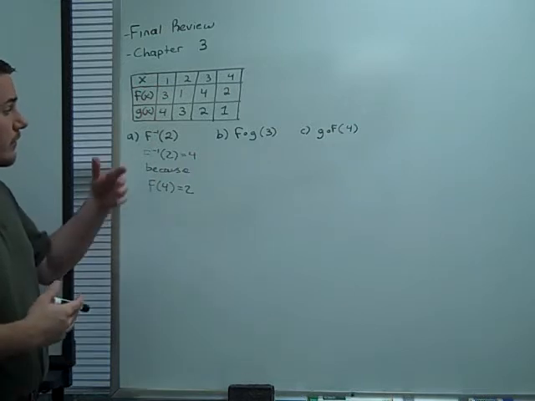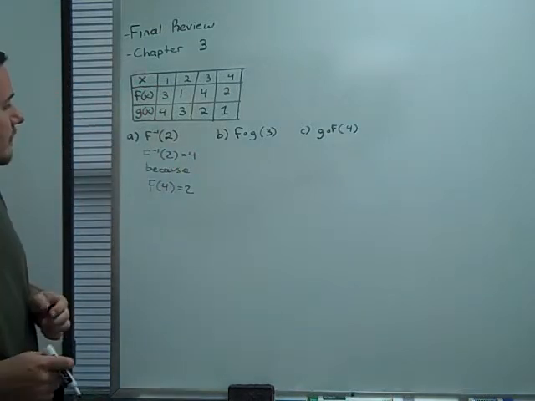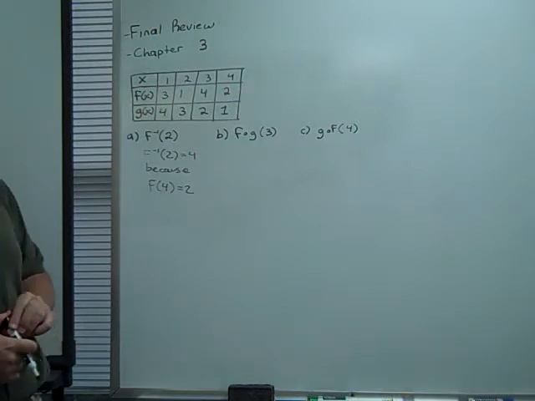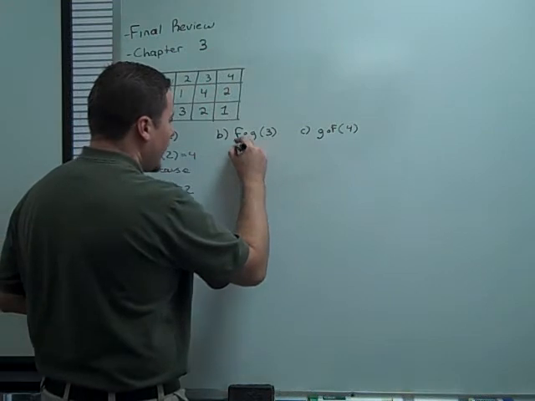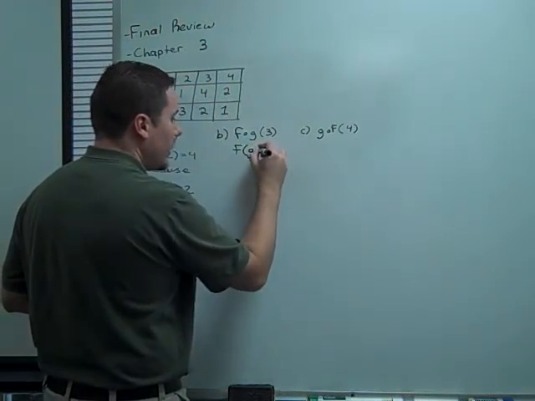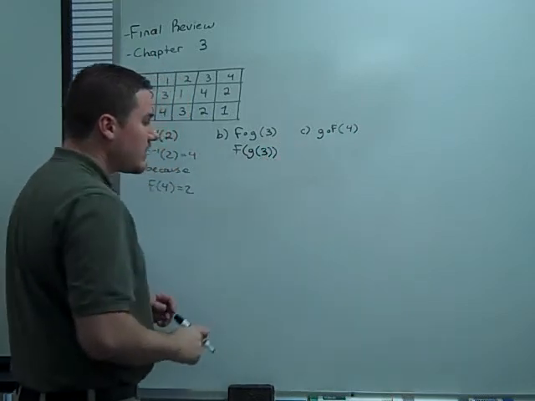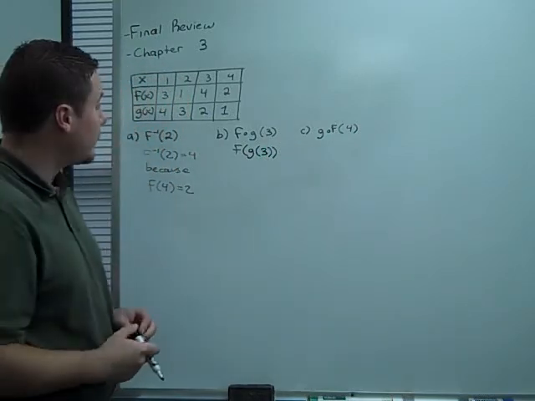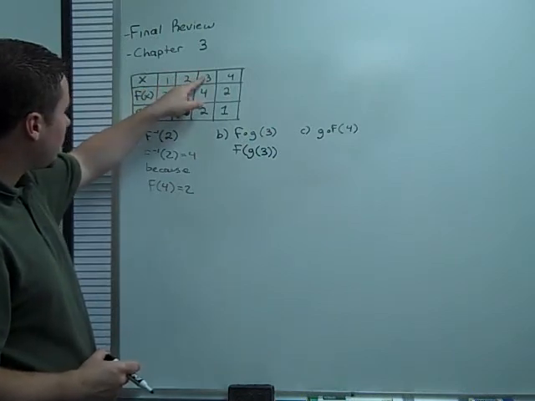Think of the inverse as switching your x's and y's. Okay, now b and c are straight from this chapter. So b is f of g of 3. As soon as you see f o g or g o f, I want you to write f and then inside it g of 3. That means we'll be finding g of 3 first. So we look over at our x values and find 3.